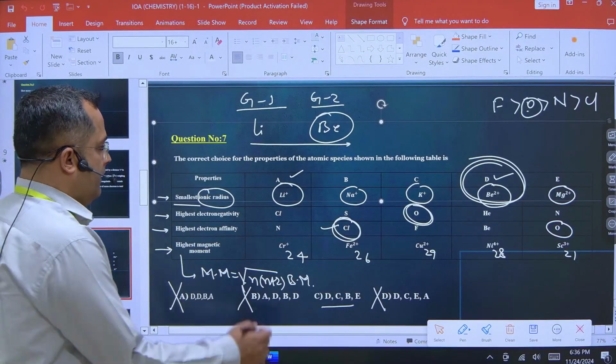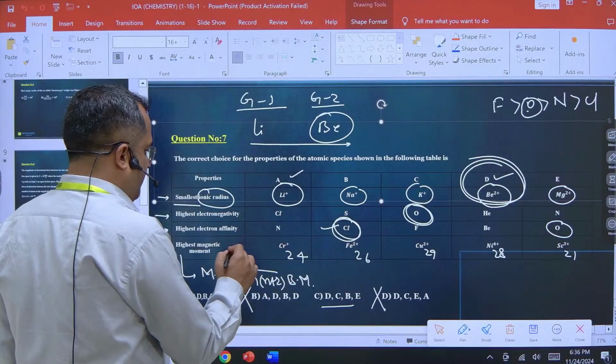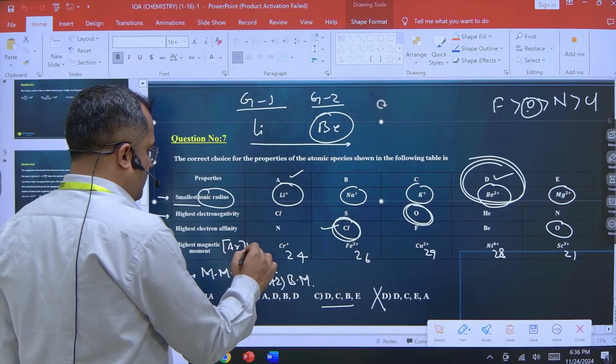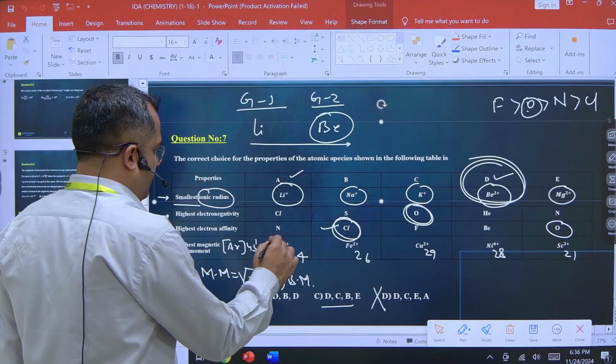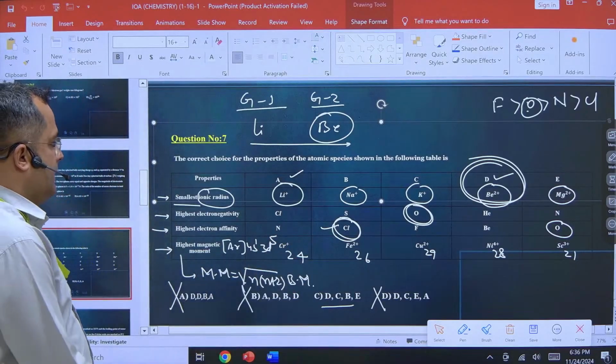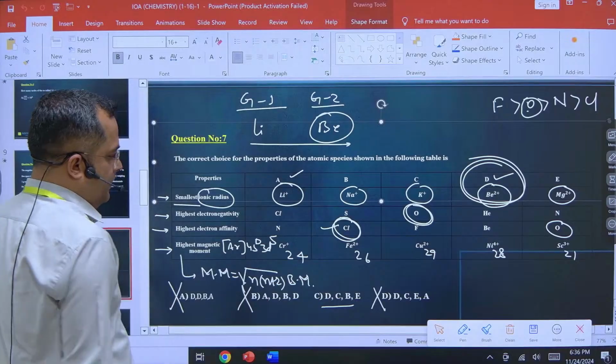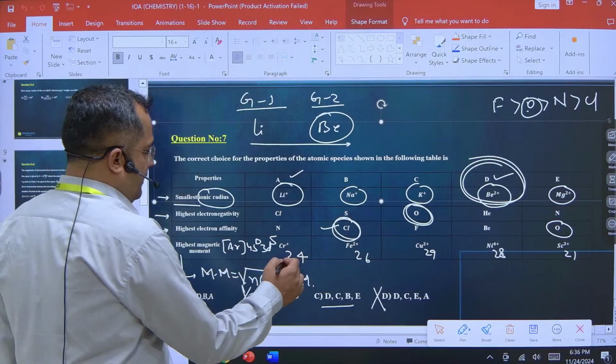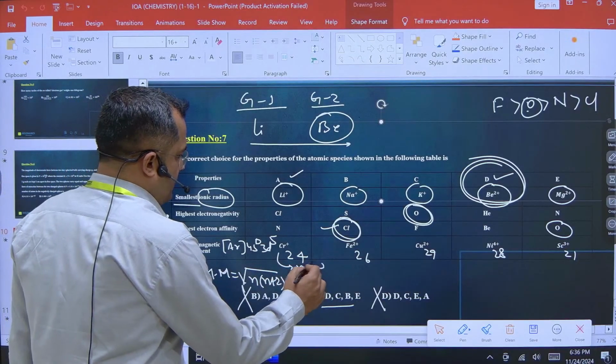I am writing here for chromium, argon 4s1 3d5, and Cr+ is there, so 4s will be 0, and there n equal to 5, which is highest.